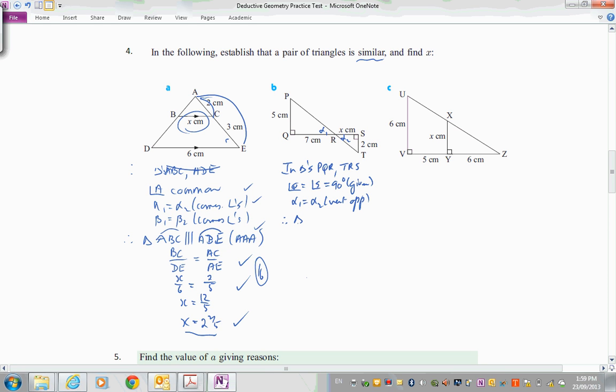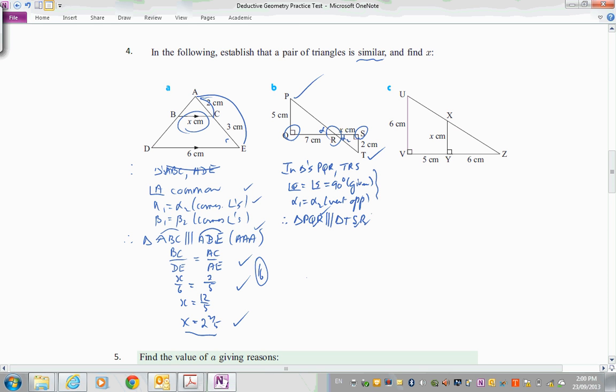Therefore, triangle PQR, let's match them up, is similar to, now S and Q match, and R matches, so our next triangle will be T will match with P, so T, S, R, because the Q's and the S's, the R's must match.